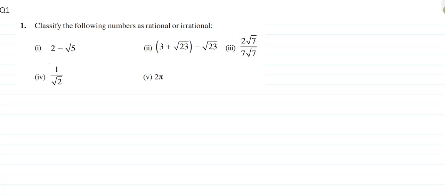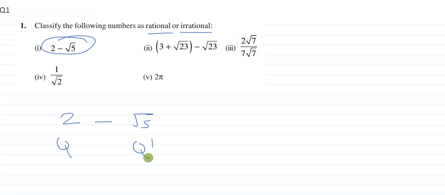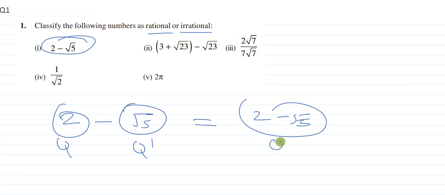Now the first question of exercise 1.5 is: classify the following numbers as rational or irrational. That means we have to say whether these numbers will be rational or irrational. Here in the first question, what we can see, 2 is a rational number, root 5 is an irrational number. We know that a rational number subtracted by an irrational number will be an irrational number. So this is an irrational number.